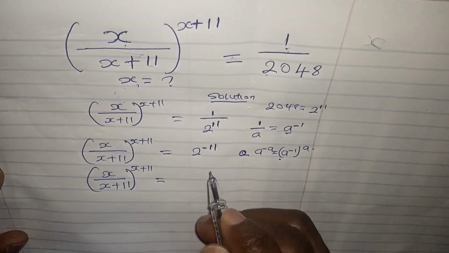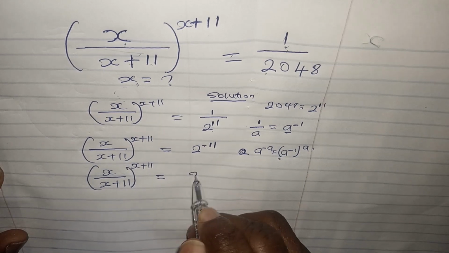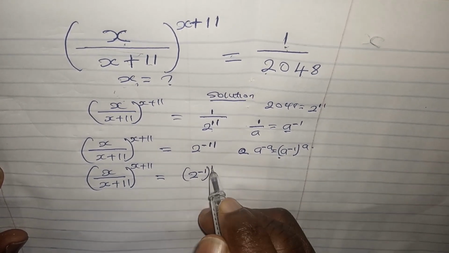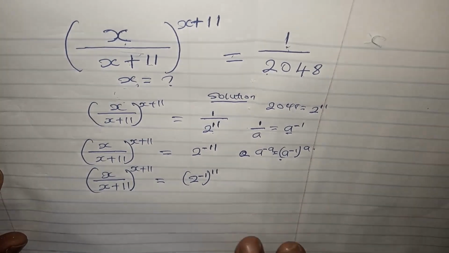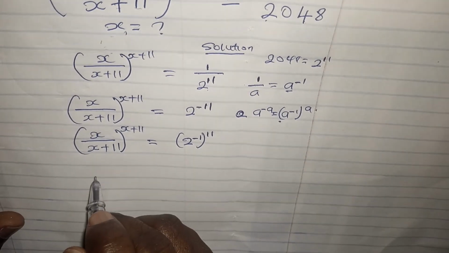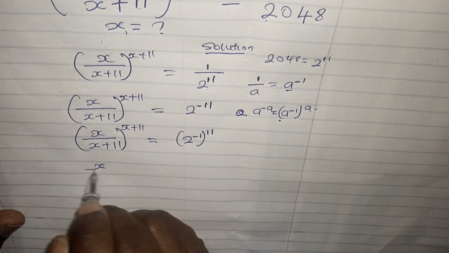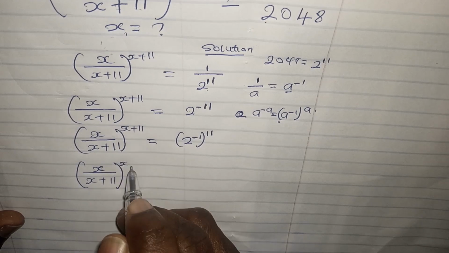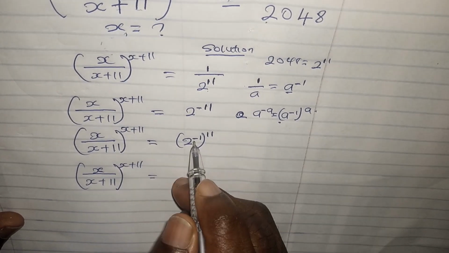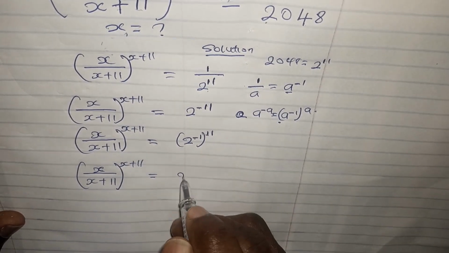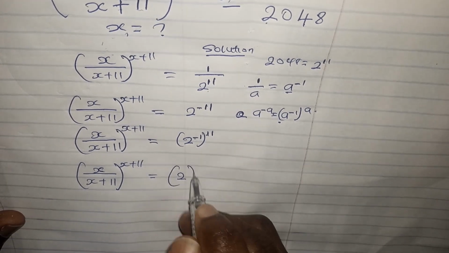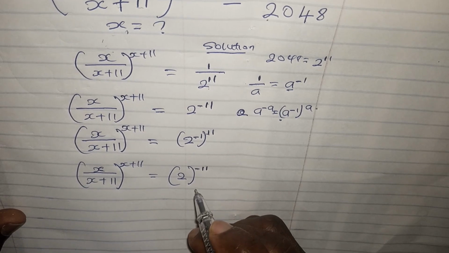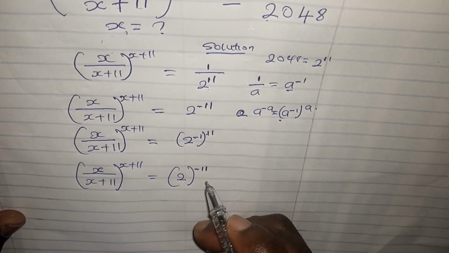So if we put this principle here, we can have this to be 2 to the negative 1, all to the power of 11. Okay, so we're now having x over x plus 11 all to the power of x plus 11 is equal to, we can simply bring the negative sign out, so we can have 2 to the negative 11, sorry.